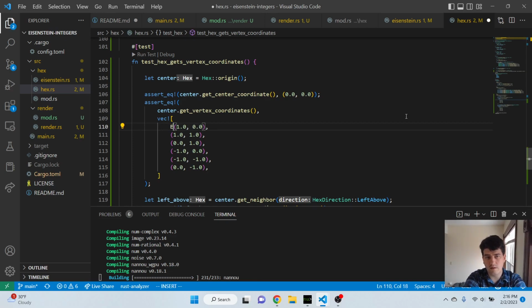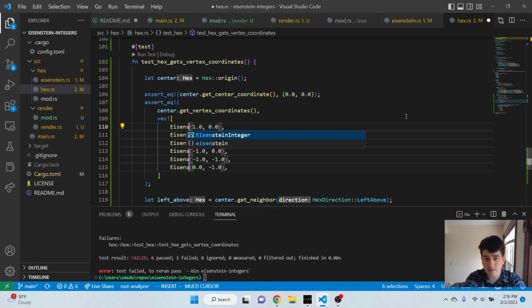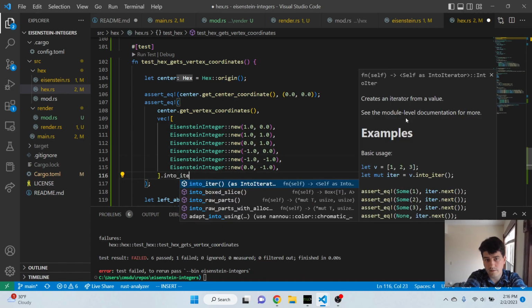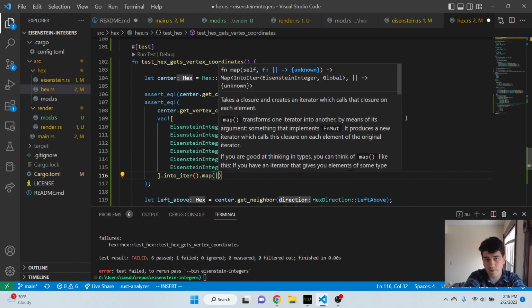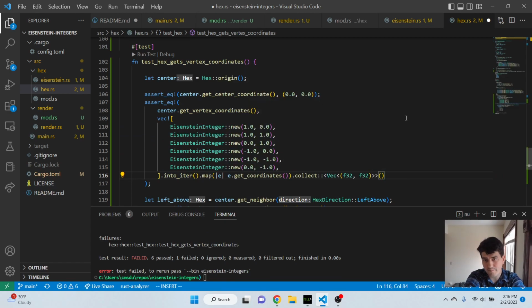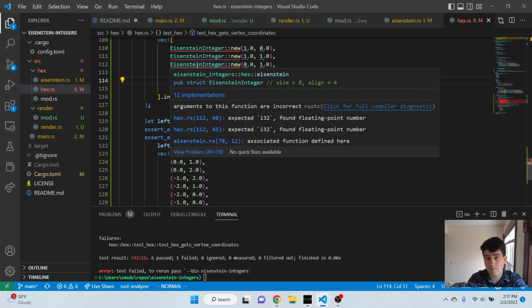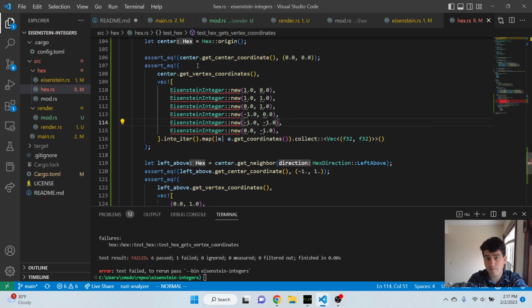What it should be, though, is Eisenstein integer new of these things into iter map. Sure.